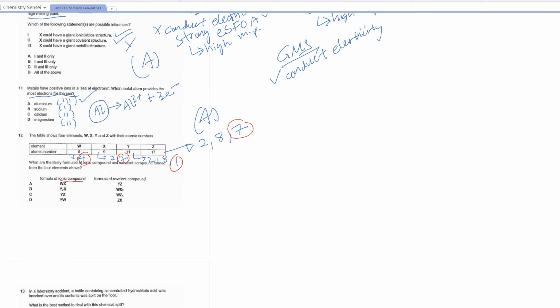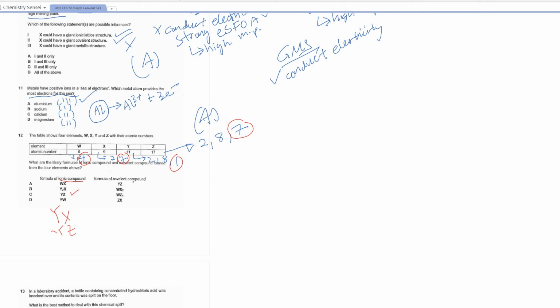One possible compound is YX, where Y will donate 1 electron in its valence shell to X, with both of them forming the stable octet structure. Another one can be Y and Z, where Y will lose one of its valence electrons to donate it to Z, so both of them have stable octet structure. Straight away I can conclude that option C is correct, at least for the ionic compound part.